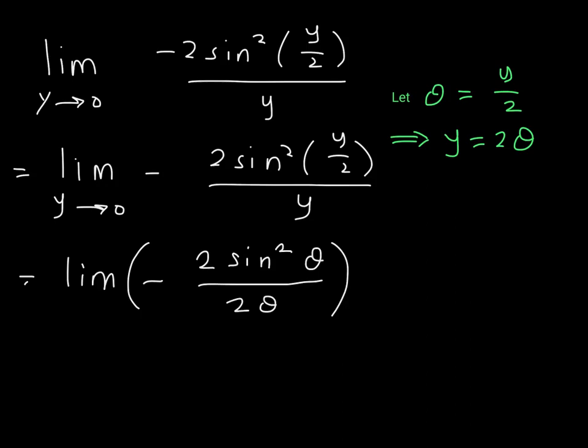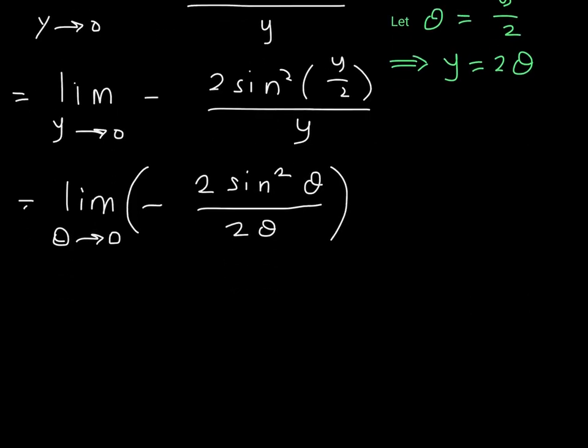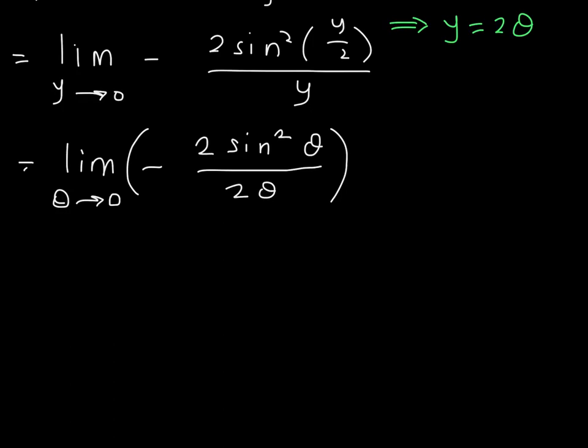And now this is no longer y going to 0. Now we have theta going to 0, right? Because this expression is now written in terms of theta. You can see that we're getting really close, right? So I can pull out this negative in front of the limit, and I have negative the limit as theta goes to 0. You see these 2's, they cancel out.